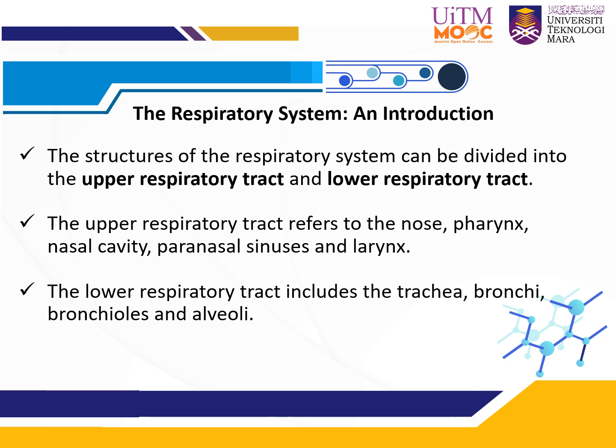The upper respiratory tract refers to the nose, the pharynx, the nasal cavity, paranasal sinuses, and larynx. On the other hand, the lower respiratory tract includes the trachea, bronchi, bronchioles, and alveoli. You will see the picture shortly.